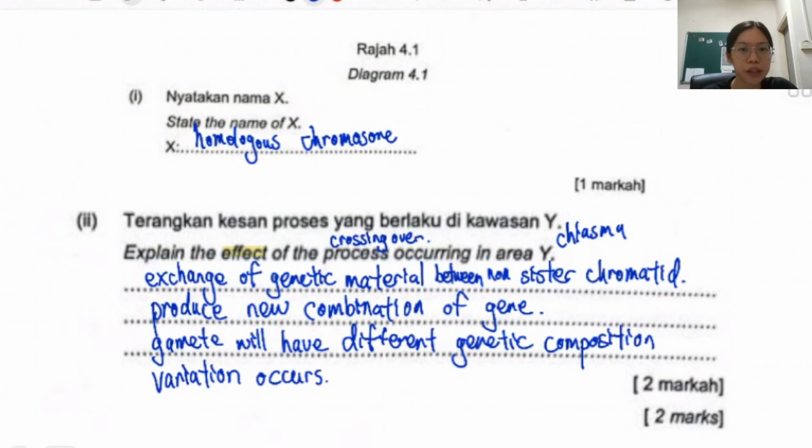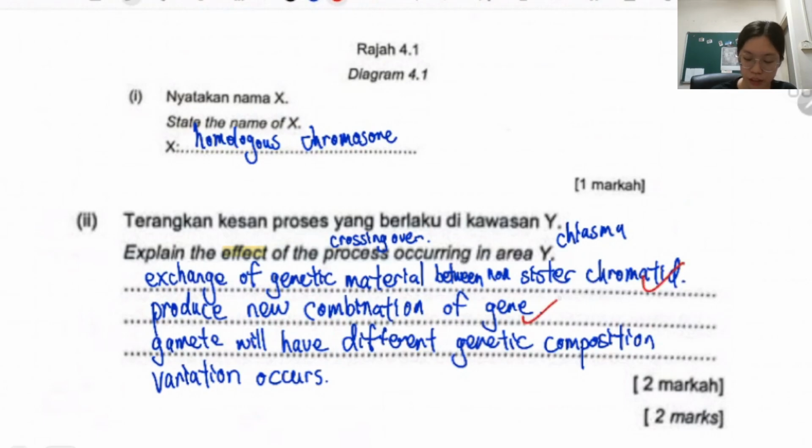Then the gamete will have, because this is meiosis, it involves the production of gametes like gametogenesis, a different genetic composition. Therefore, most importantly, crossing over is the cause of variation. So this crossing over, what is the effect? It leads to variation. So this is actually more than 2 points.